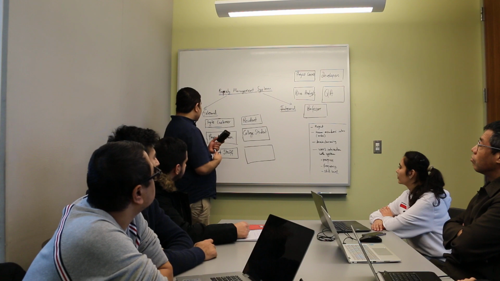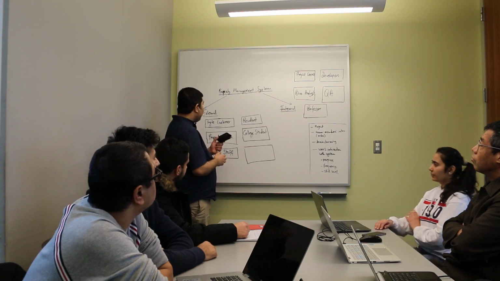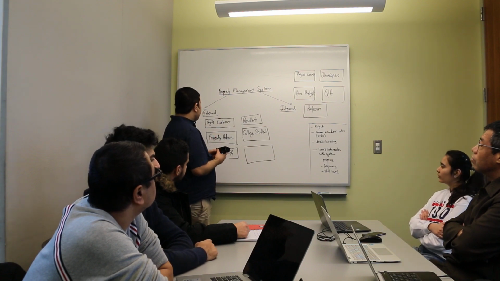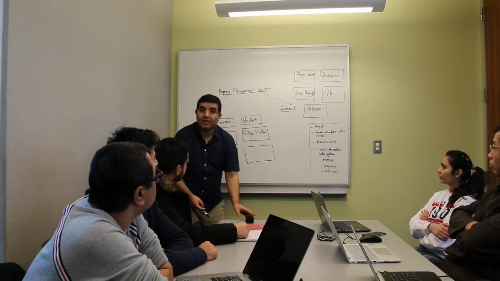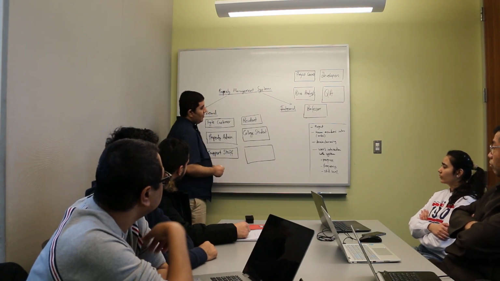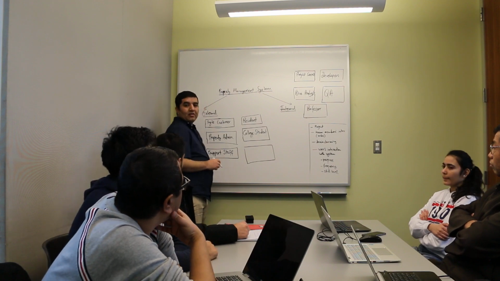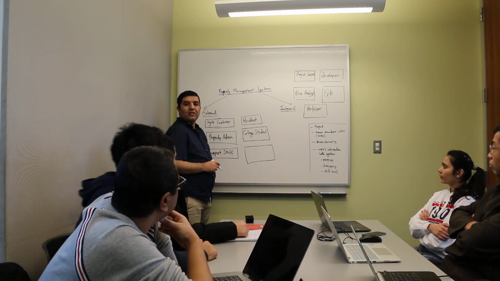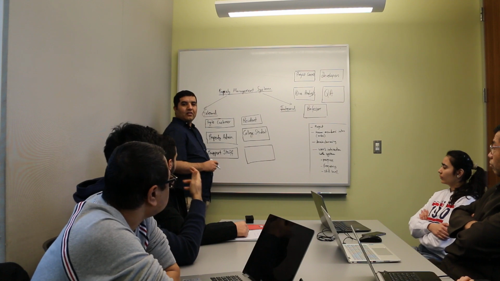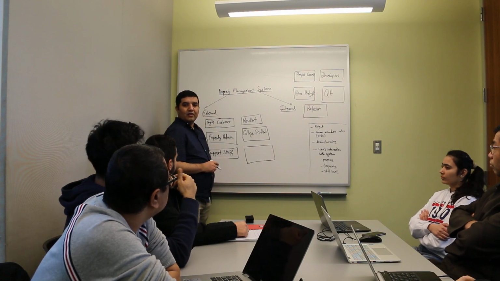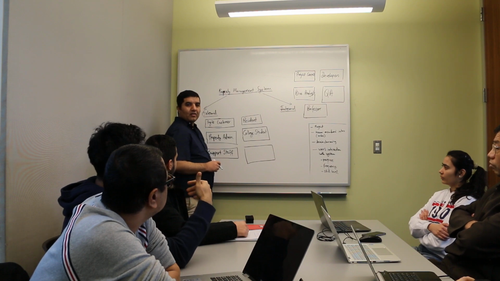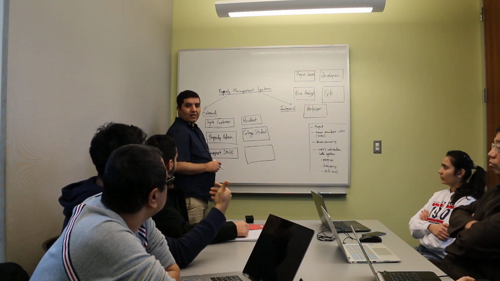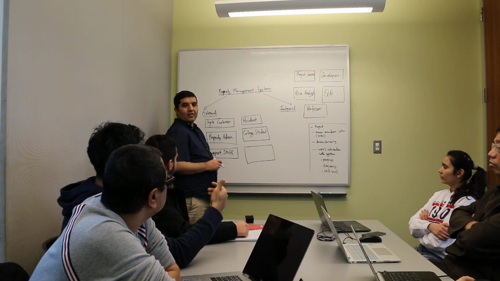Okay, so how are these users similar and different? I think residents and college students are pretty much the same, but the difference is that college students would be coming in, and residents would be renting the place.